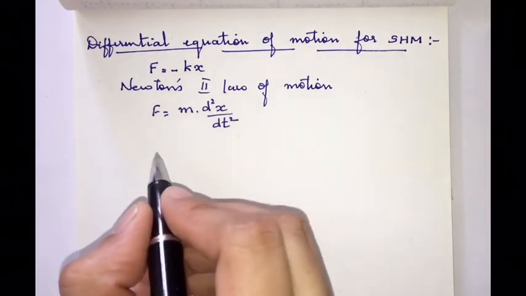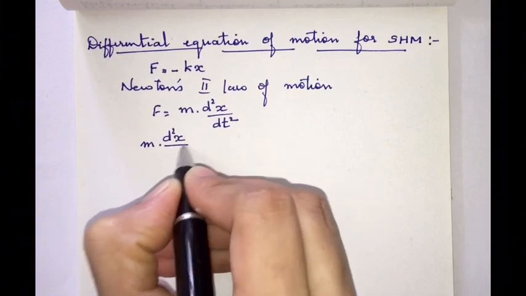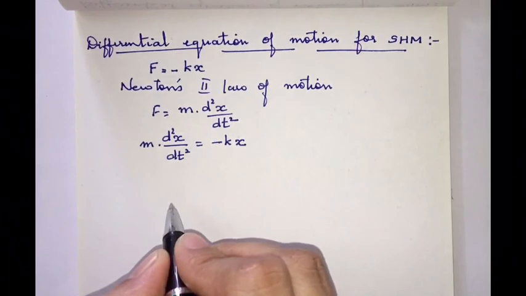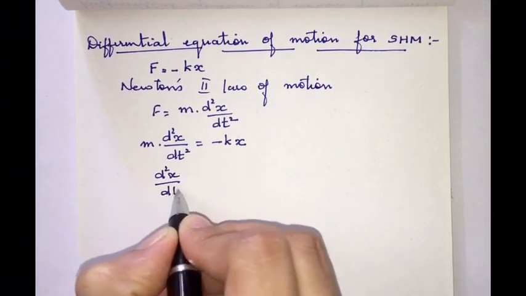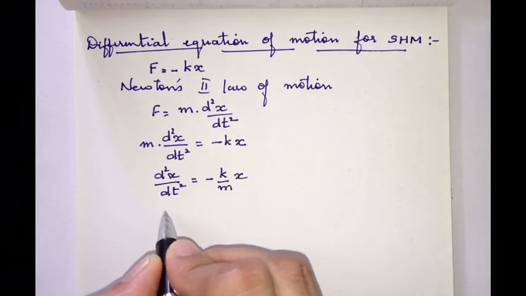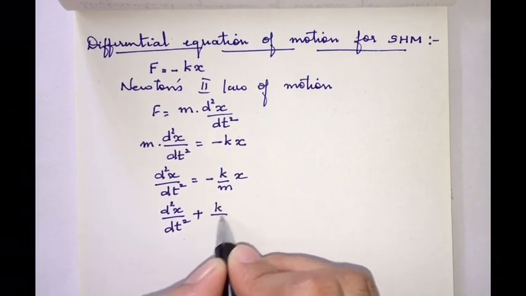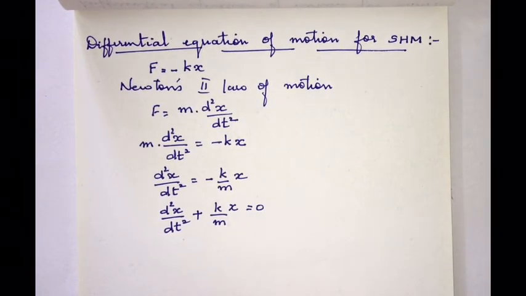Equating these two equations, we get m into d square x by dt square is equal to minus k into x, or d square x by dt square is equal to minus k by m into x, or d square x by dt square plus k by m into x is equal to 0. This is the equation of motion for a body executing free vibrations.